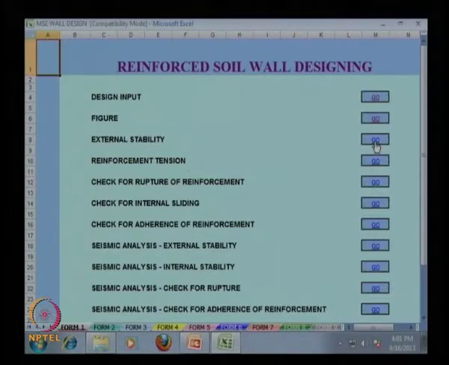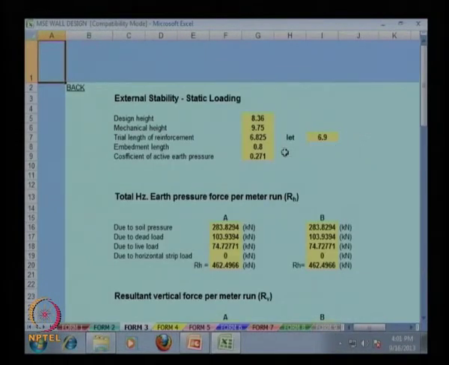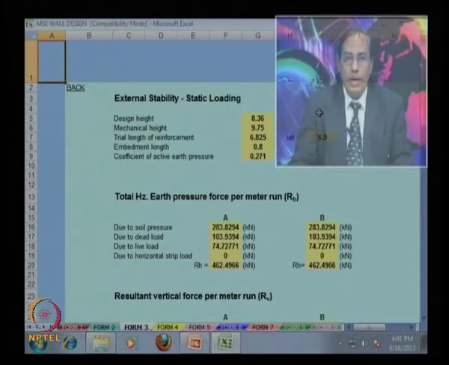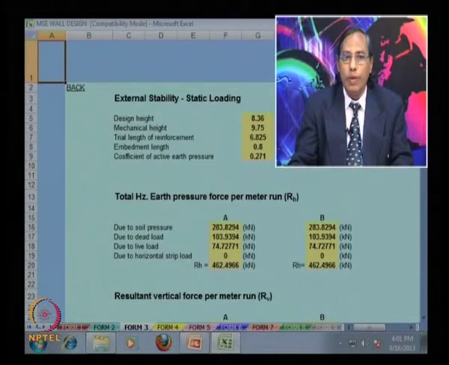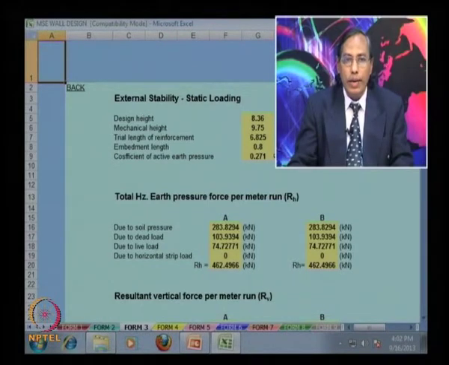Now, we will calculate the external stability of the wall. For external stability, first is the static loading. We know the design height is equal to 8.36, the mechanical height is equal to 9.75, and the total length of the reinforcement is 6.825, or you can consider about 6.9, the embedment length is 0.8, and the coefficient of active earth pressure is equal to 0.271.